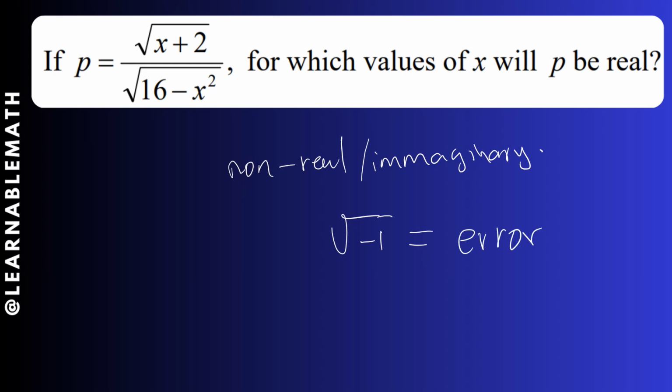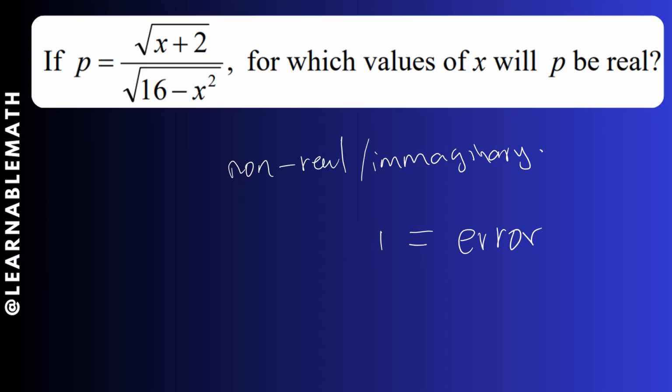It's a number, but it's imaginary, it's non-real, hence your calculator says error. As you go to varsity, you realize it's actually a complex number, but that is beyond the scope of grade 12. We know that it will be classified as non-real.